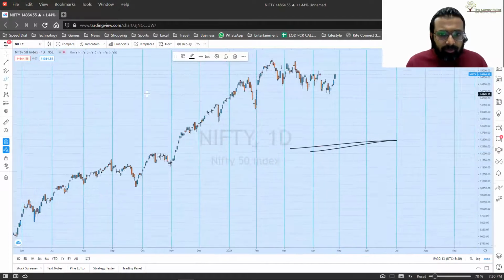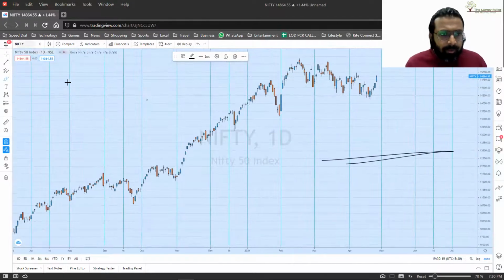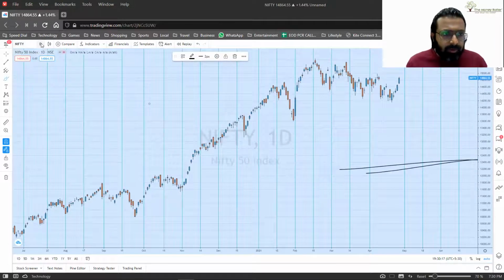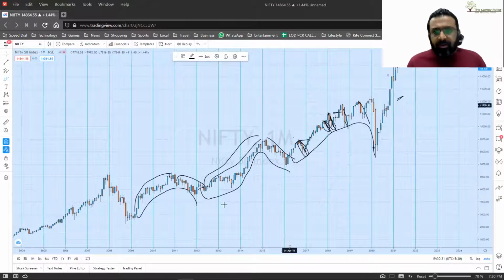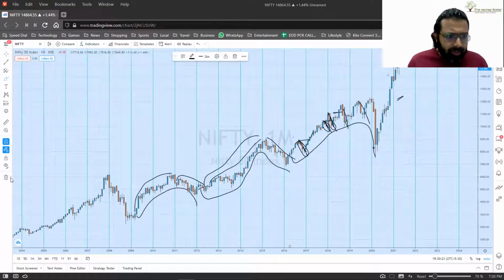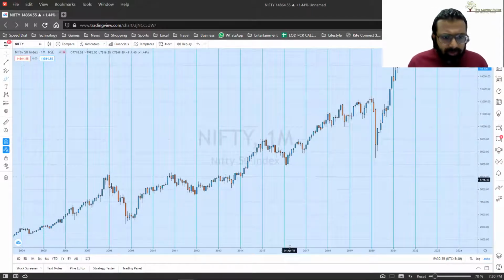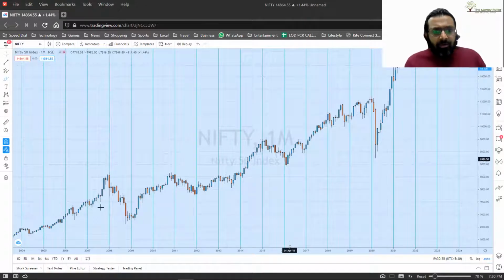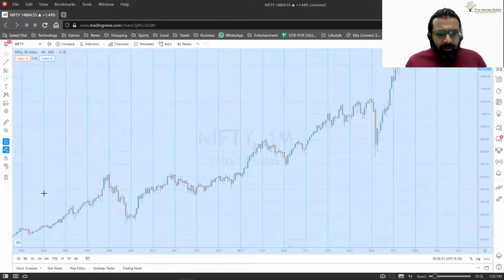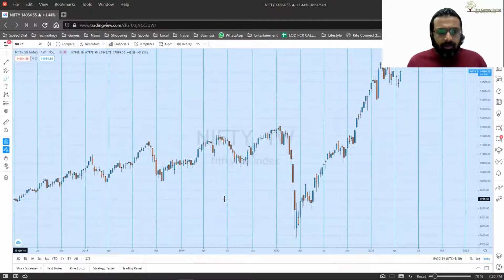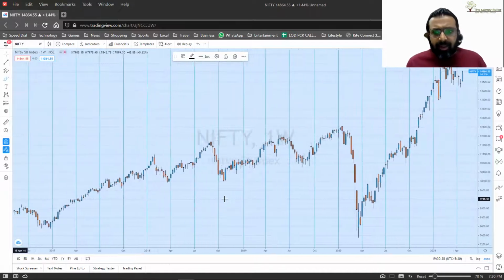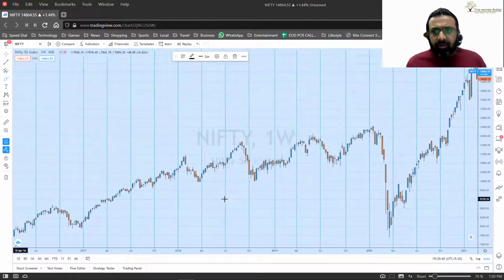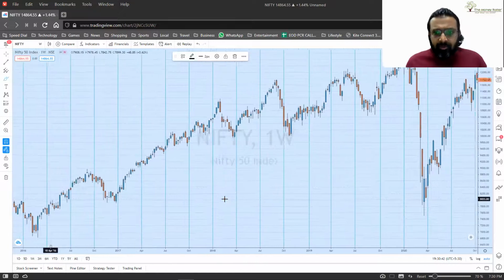I'll load the monthly chart of Nifty, and I will zoom this in also, right? And let me get rid of the drawings. There we go. Now let me load the weekly chart. Now you can see that this market has been in an uptrend for the last few years.